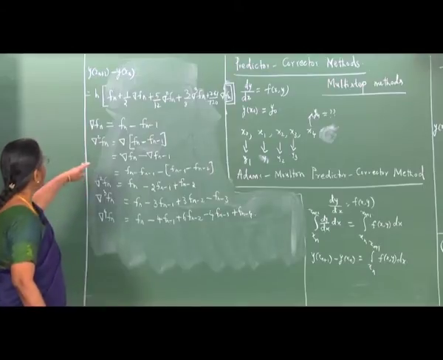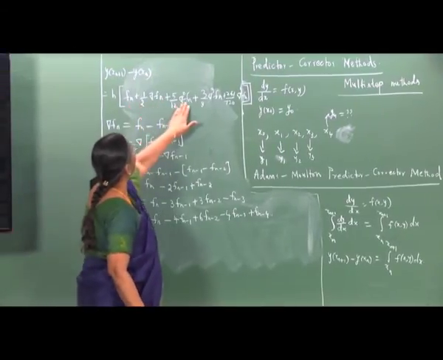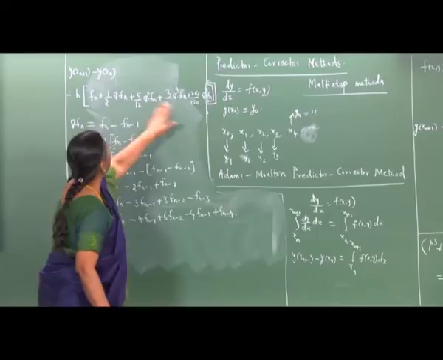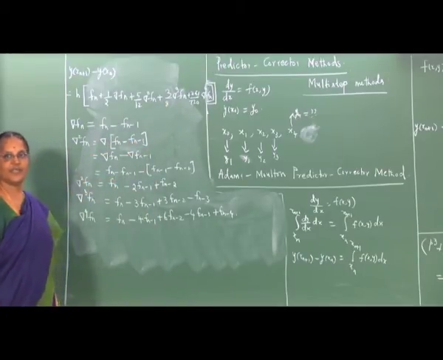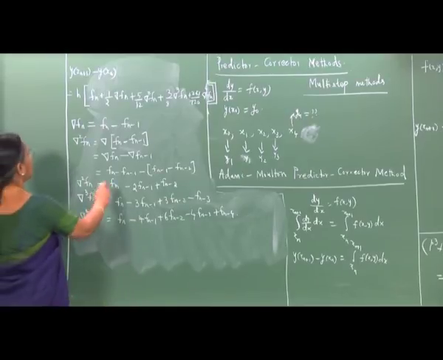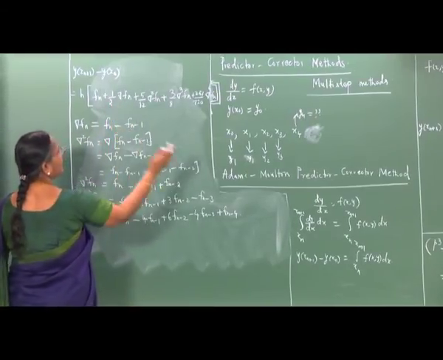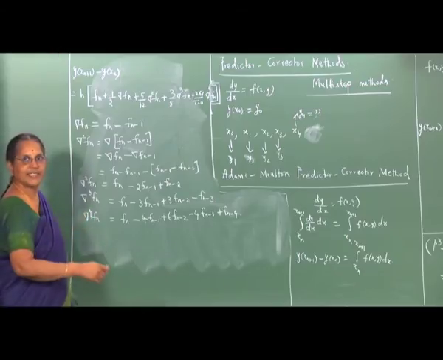So, we have obtained the backward differences on Fn which appear here and expressed them in terms of the function values at different points.